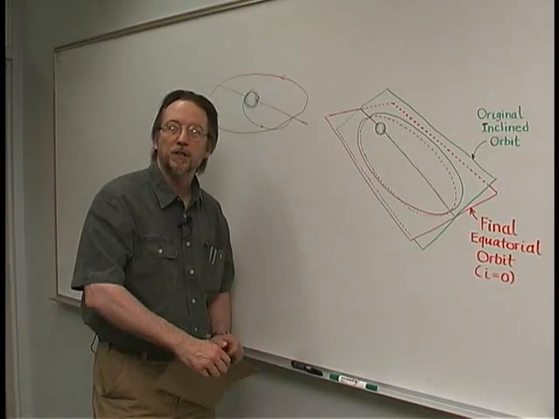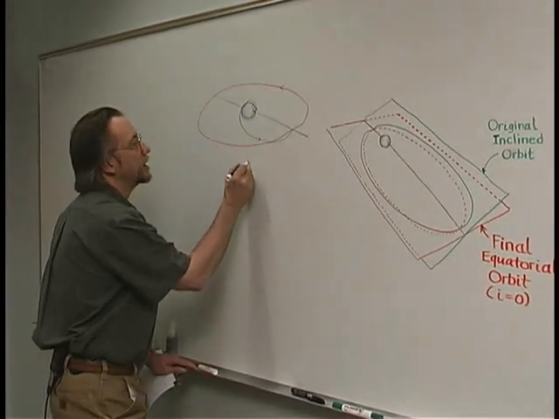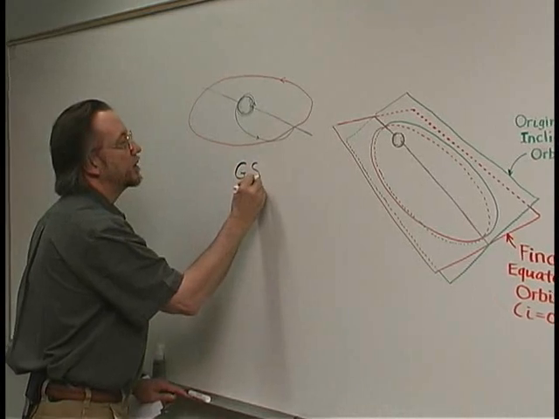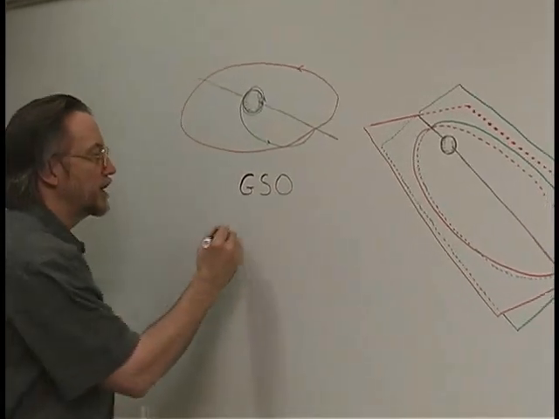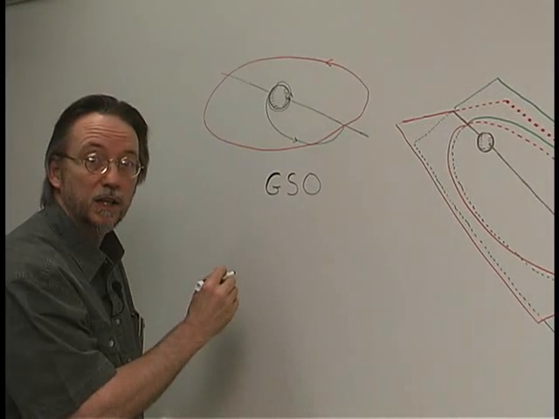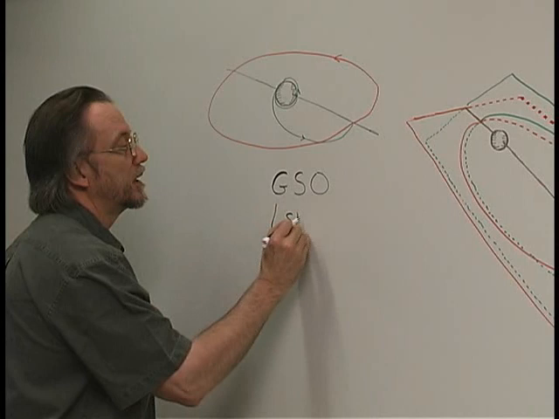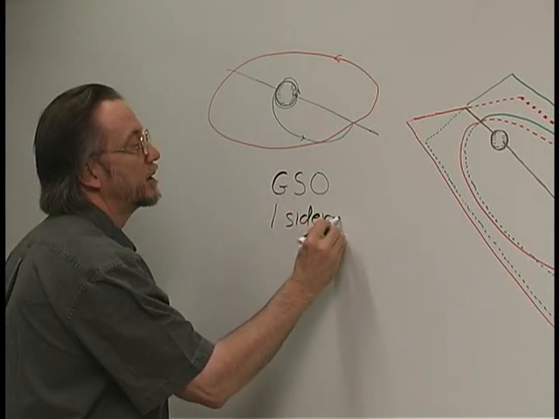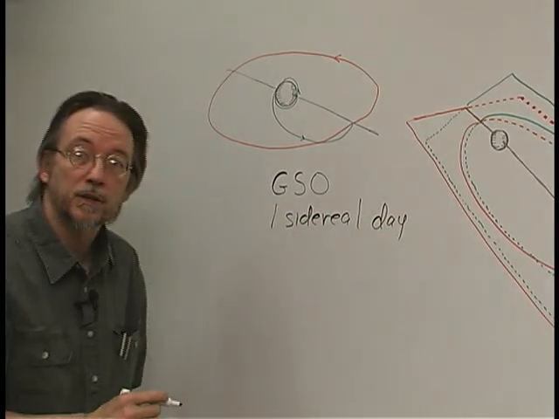So what do we mean by a geostationary orbit in the first place? Well, GSO is an orbit that takes one sidereal day to complete. And a sidereal day is just a little under 24 hours.